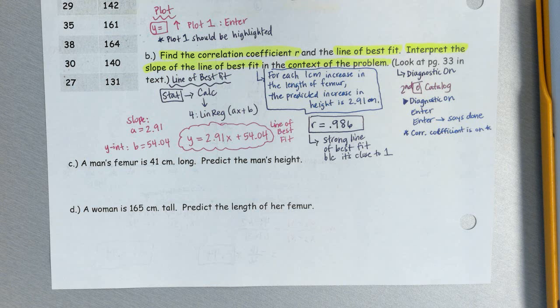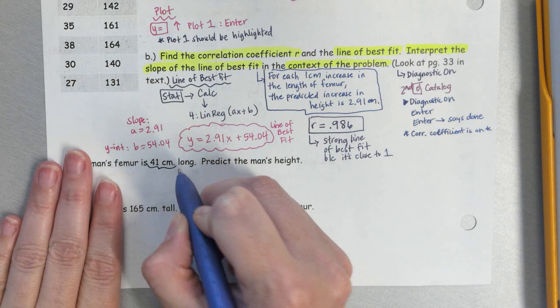When we're predicting, we're using that line of best fit that we just found. Think about what's going to be your input and what's going to be your output. The length of the femur is the x, so we substitute this in for x.